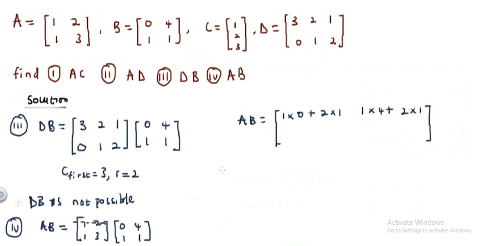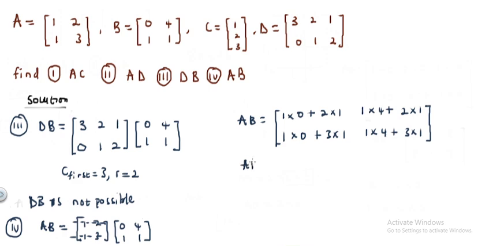We are done with the first row, so we can now move out of it. Then we go to the second row. Since we are now in the second row, everything we are inputting will be on the second row of the new matrix. So we use the second row and say this is 1 times 0 plus 3 times 1. We are done with the first column of the second matrix, so we can go to the second column. So this will be 1 times 4 plus 3 times 1.